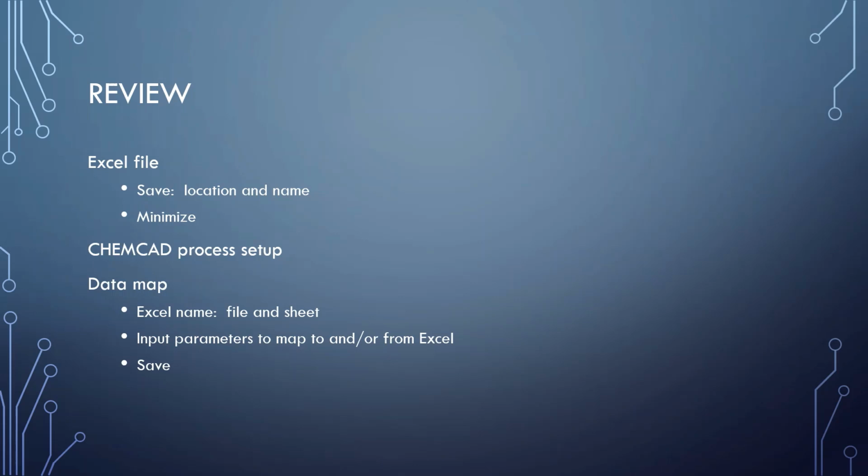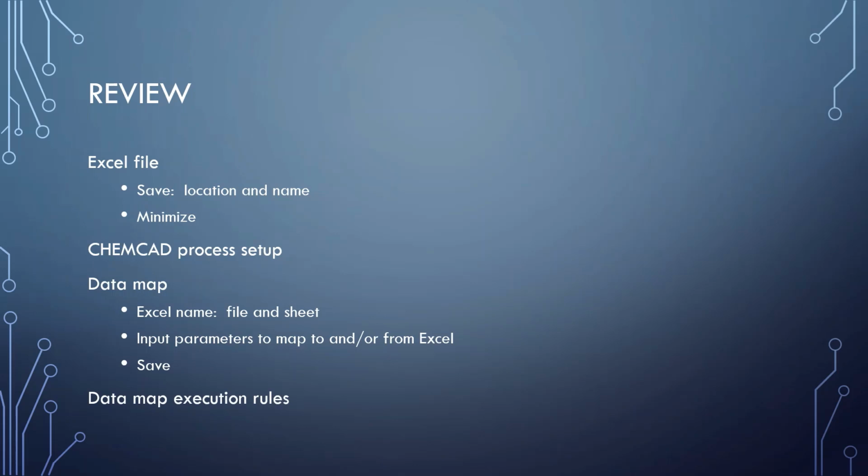Then we went to the data map tab, where you needed to recall your Excel file name and your sheet name to map to. Then we input parameters that we wanted to map from KimCAD to Excel, and we also chose parameters that we might want to map from Excel to KimCAD. It goes both ways. Then we saved our data map. Anytime you make changes on a data map, remember to save it.